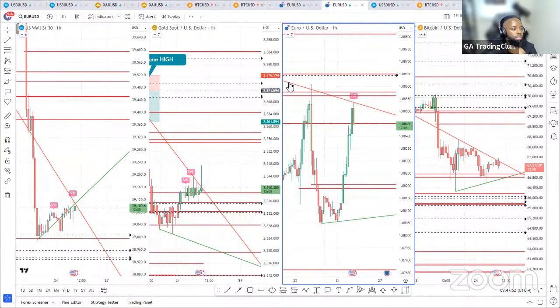Okay, see something here. That's the hourly. Let's see what levels are where EU is. Yeah, EU.